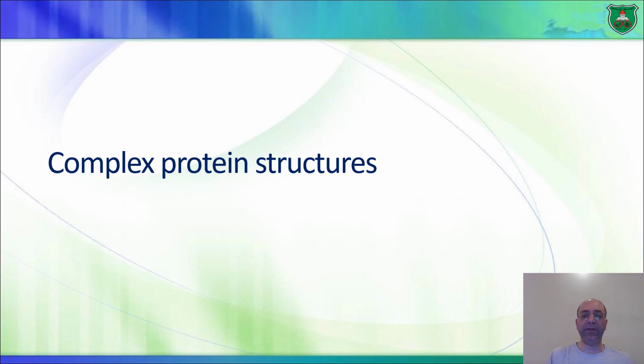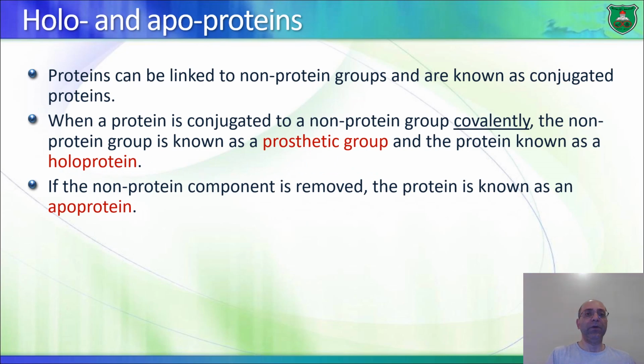Not only do they have quaternary structure, but they can be associated with something else. I mentioned before that proteins can have non-protein groups associated with them, and we call these conjugated proteins. When a protein is covalently linked to a non-protein group, we call it a holoprotein, and the group, since it is covalently bonded, is called a prosthetic group.